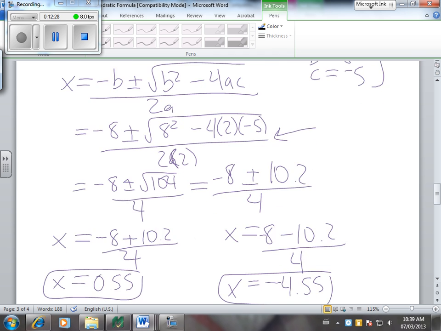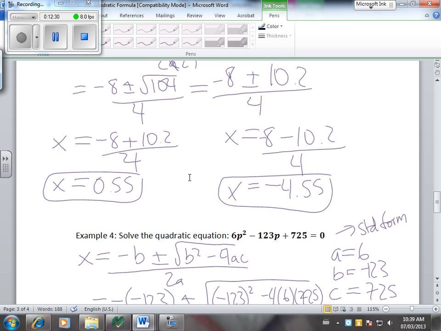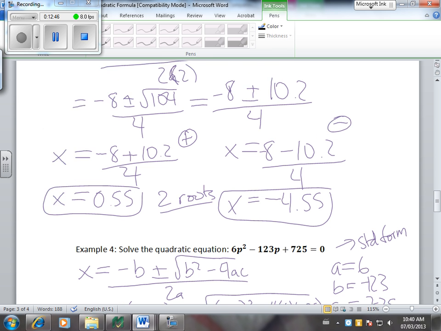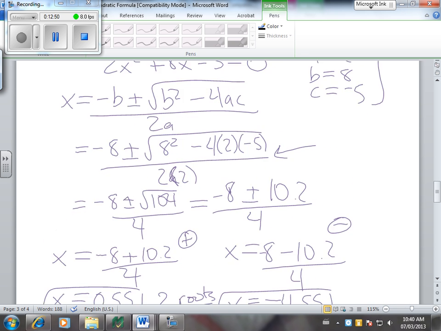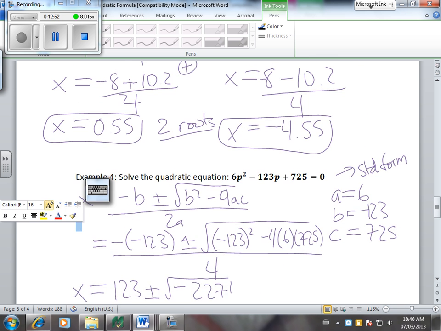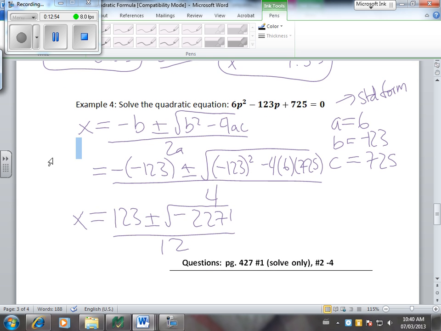Then you get your two terms here: here's your plus term, and here's your minus term, and then you get your 2 roots. x equals 0.55, x equals negative 4.55. Again, I know I scrolled through that fast. You can check the key of the notes online, or you can just pause the video and check at certain points. Now, if we look at the last one, again, try this on your own.